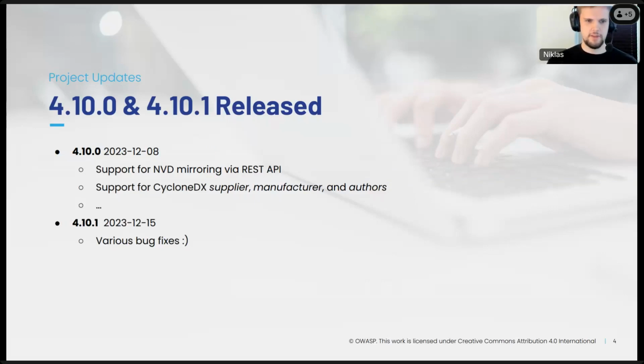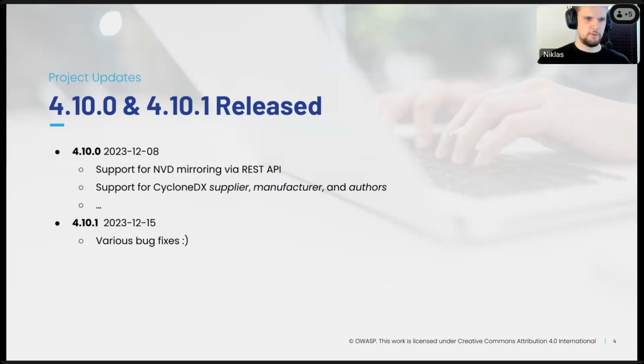One of the major things in this release was the support for mirroring the NVD via REST API instead of the file-based feeds, because the file-based feeds were supposed to be deprecated by the NVD, so they were going to be removed end of December. So you can now mirror via the REST API. There was also added support for c-scrm supplier, manufacturer, and authors fields, which was previously not there.